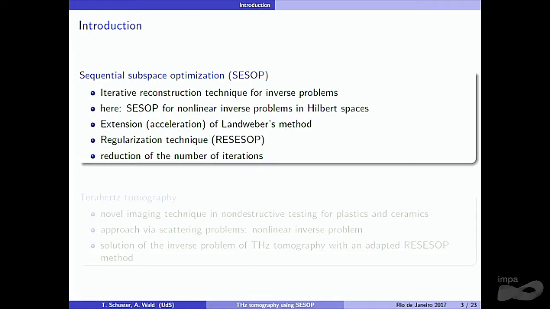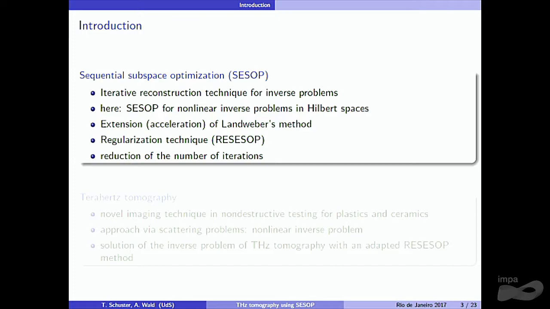And the first idea to develop this method was the following. We always observed that the very well-known Landweber method shows to be very stable with respect to noise, but tremendously slow in numerical applications. And this situation is even worse in some Banach space settings, like, for example, L1 settings and so on.